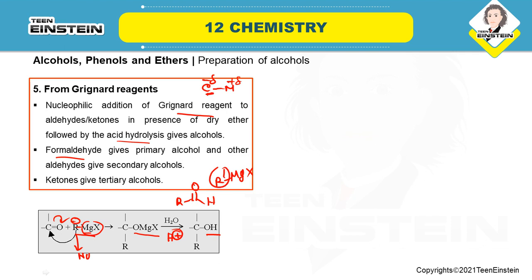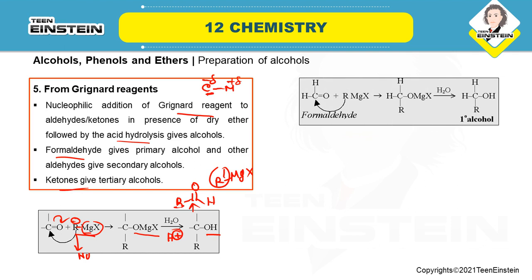So now the carbon over which the OH group is generated contains 2 R groups and 1 H. That means it will be secondary alcohol. Fine. And if the starting material is ketone, there is no hydrogen, so the final alcohol will be tertiary alcohol.